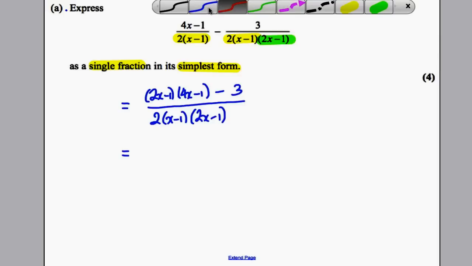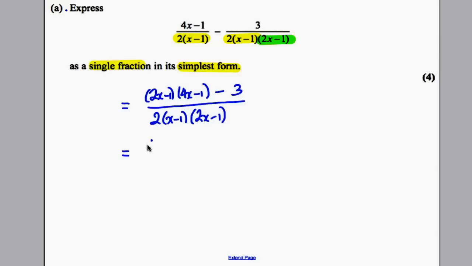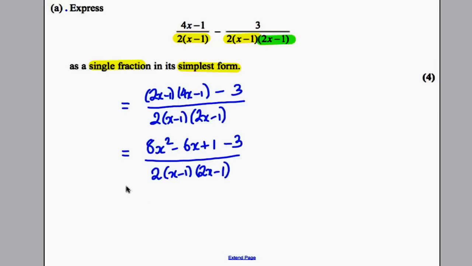Okay, so let's expand. So if we expand this out, we get 8x squared, subtract 6x plus 1, and then we have subtract 3. All divided by 2x subtract 1, 2x subtract 1. Now the top, you can see this would be 8x squared, subtract 6x, subtract 2, all over 2x subtract 1, 2x subtract 1.